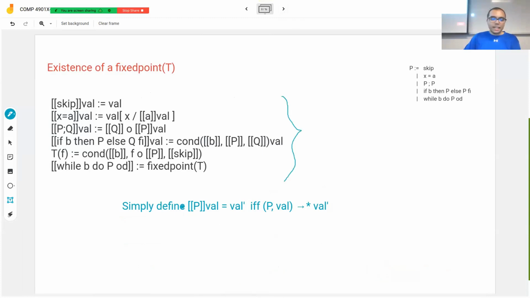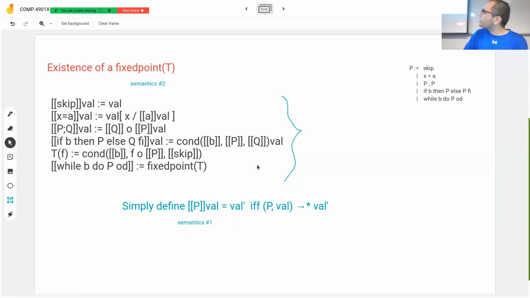Let's take my operational semantics and let's define another type of semantics. Now I'm using the same notation. That's what's really confusing here. So let's call this one semantics number 2. And let's call this one semantics number 1. Okay.